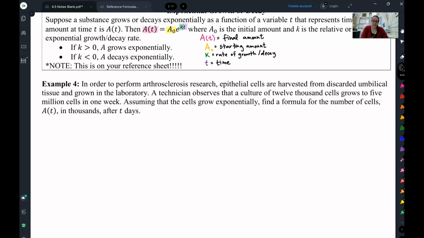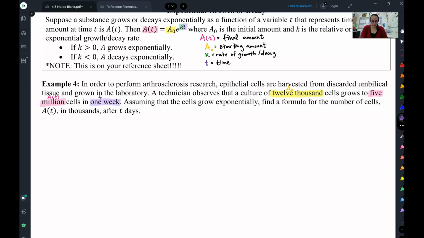So that actually just gave us a lot of information. That 12,000 is how many cells we're starting with. So that's our A naught, 12,000. And it grows to 5 million cells. So that's our A of T. That's our final amount. And it says it did all of that in 1 week. So that is our T.